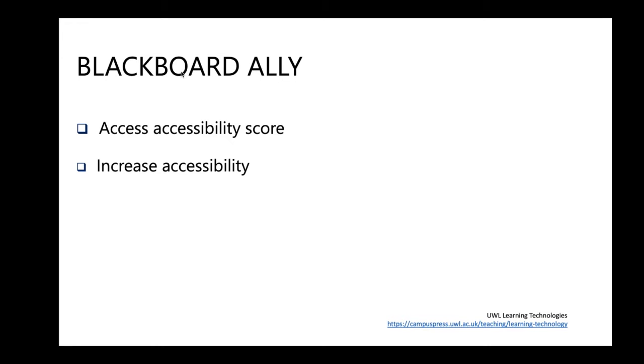It'll also indicate some of the problems that it has found and the reasons why your accessibility score for the file may be high, low, or medium. And then lastly, the increase of accessibility, where you look at the alternatives it has shown you as to how you can make that content more accessible. You're able to use those so that the final file that you re-upload is fully accessible.